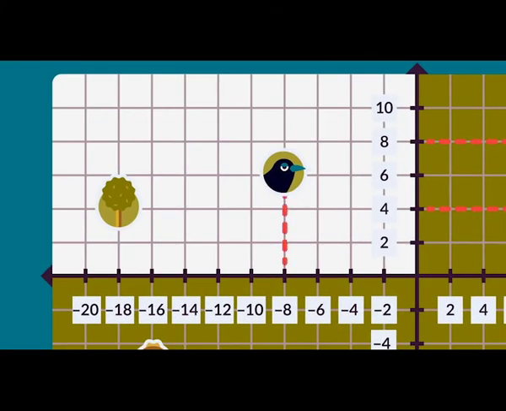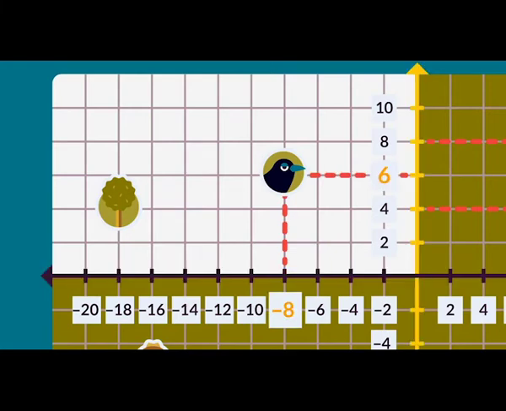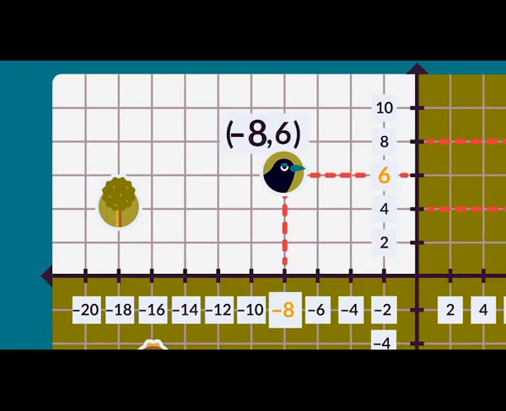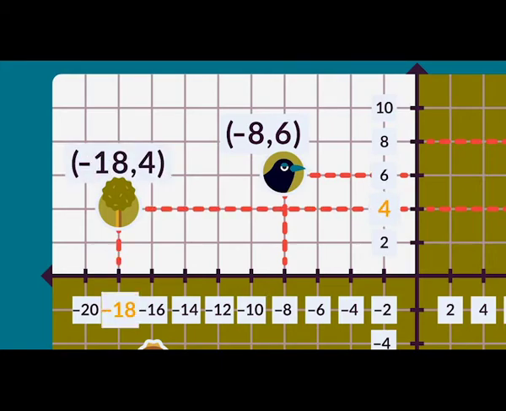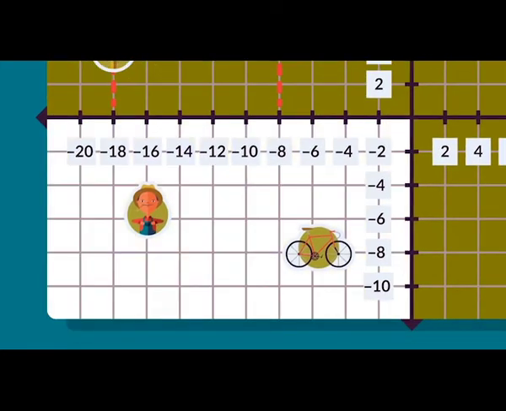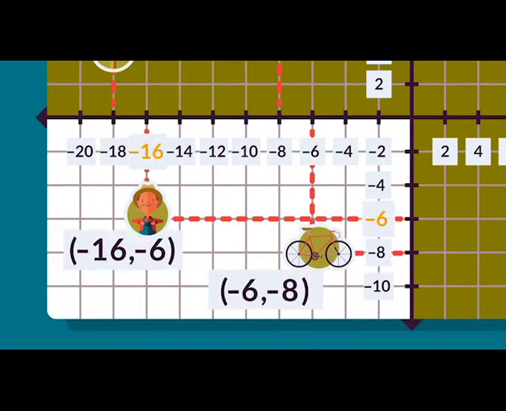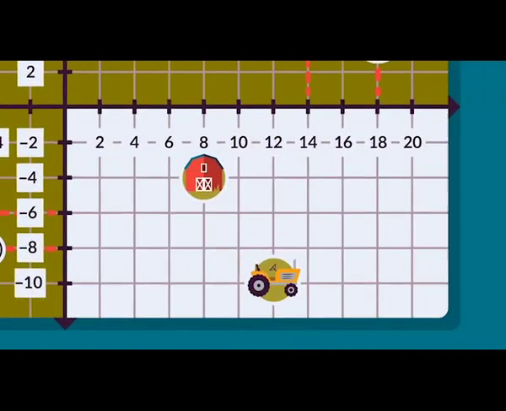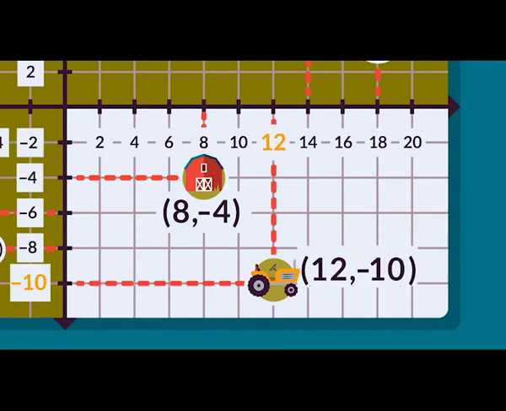The crow is at -8 on the x and 6 on y, so it's (-8, 6). The tree is (-18, 4). And on the third quadrant, the bicycle is at (-6, -8), and the farmer at (-16, -6). Finally, in the fourth quadrant, the farmhouse is at (8, -4), and the tractor (12, -10).